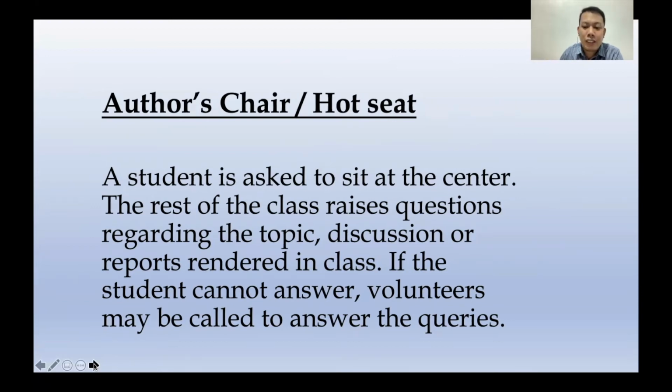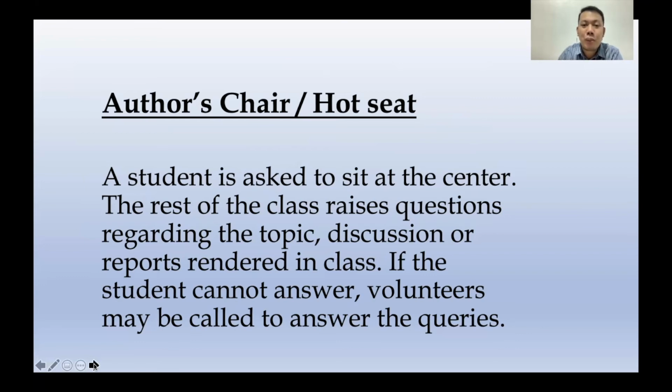For each group or each student, you ask them to sit at the center, and then the reporter will ask questions. If the person cannot answer, another person will replace them at the center, with the same questions. That's why the term is hot seat or author's chair.